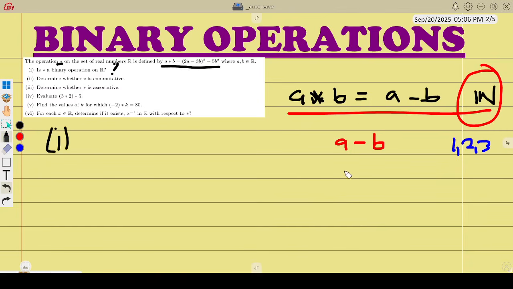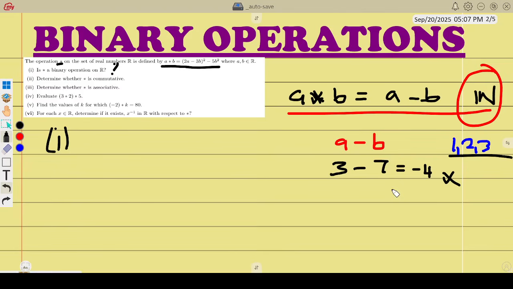So we can think again, another natural number, let me get 3 minus any other natural number, let me get 7. Is the answer I'm going to get a natural number? You will get negative 4. And negative 4 is not a natural number because natural numbers start from 1 going all the way up.